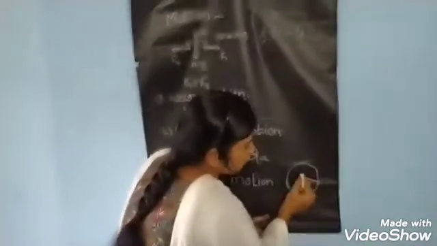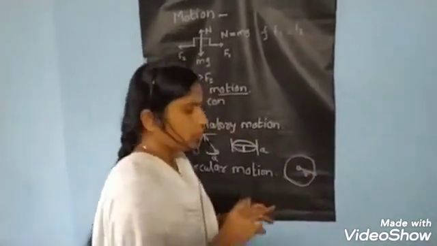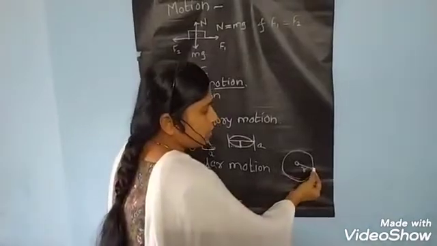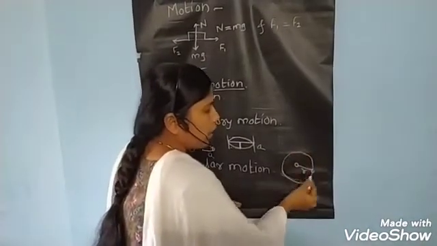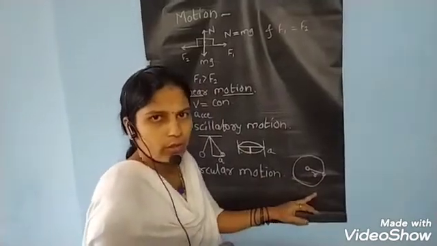As well, electrons are revolving around the positively charged nucleus. This motion is called circular motion: an object or particle moving along the circumference of a circle.